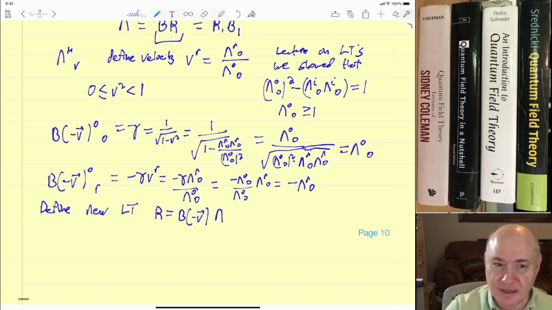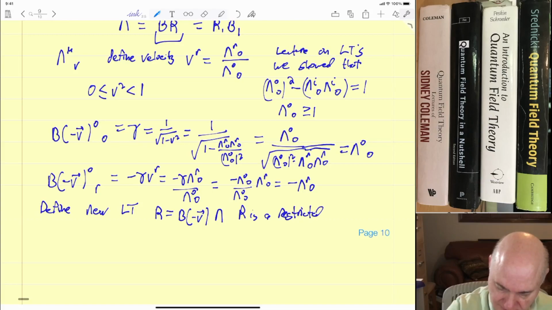As I stated, I might not have proved it, but it's not difficult to prove: the restricted Lorentz transformations form a group. So the product of two elements of the group is another element of the group, so R is a restricted Lorentz transformation.